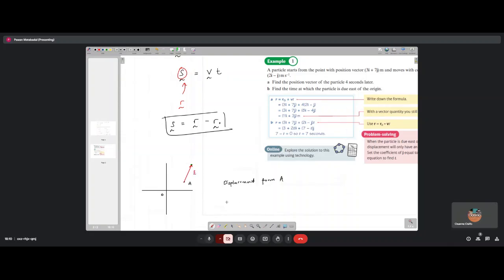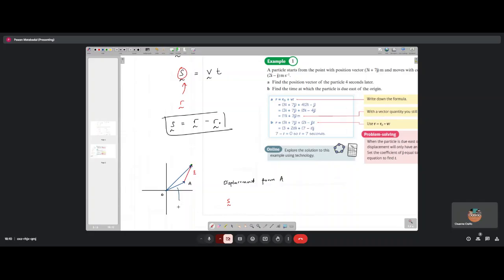Okay, so basically what's happening is, you can use vector addition or the triangle law. You can appreciate that you would have some vector O to A here, and you would have some other vector here.